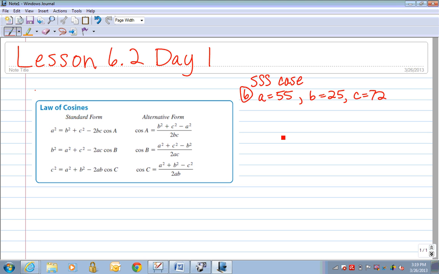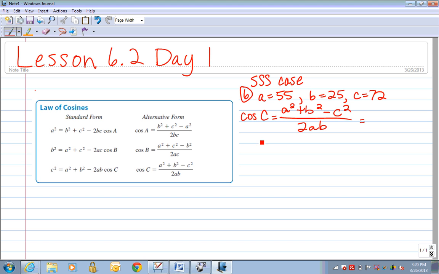So first off, because of our formula, we could actually pick either of the angles because we have all of the other parts. So let me go with, I'm going to pick C. So I'm going to use this bottom one, so I'm going to write cosine of angle C would be A squared plus B squared minus C squared all over 2AB.